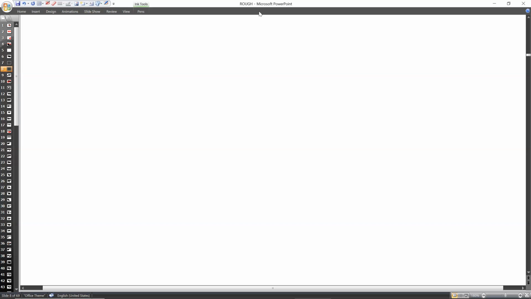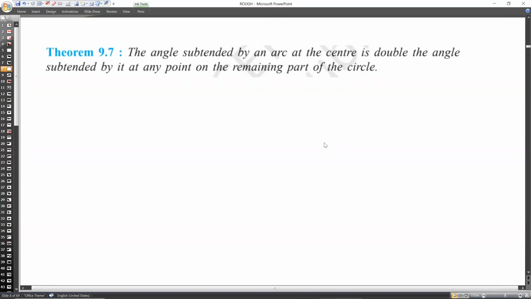These are important theorems. Here is Theorem 9.7 on your screen.